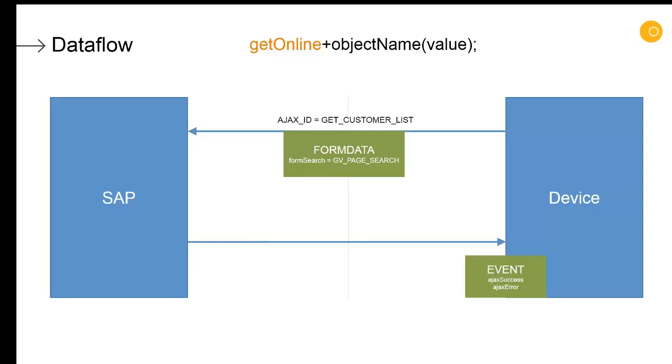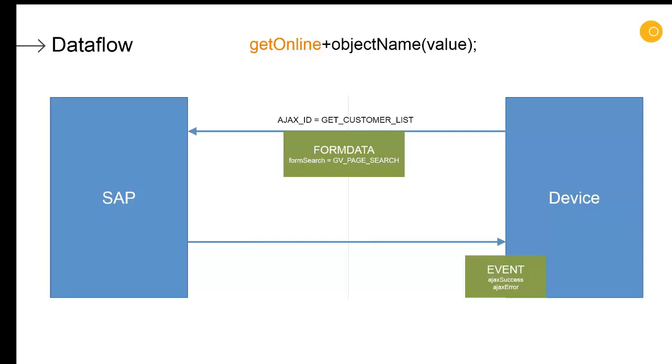In the retrieve and send option, we can also, from the device, specify which data we are going to send back to SAP, back to the application class. In our case now, we're going to send the form, the search form, back to SAP, do the processing, and retrieve data.